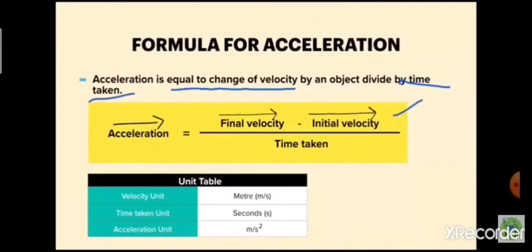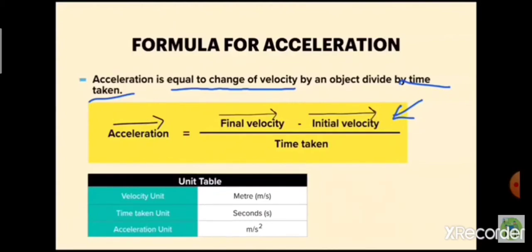kilometer per second, and the final velocity of the car was 5 kilometer per second. So initial was 2 and final was 5. Here we can calculate 5 minus 2. So we will get the change in velocity, and we have to divide it by time.